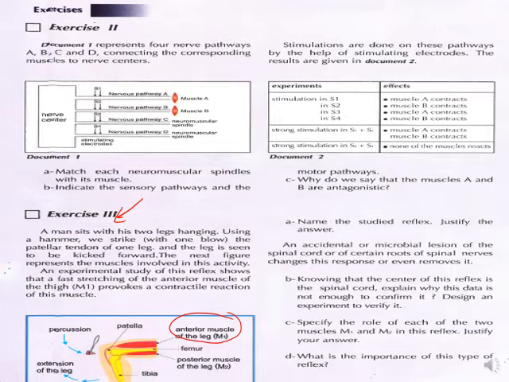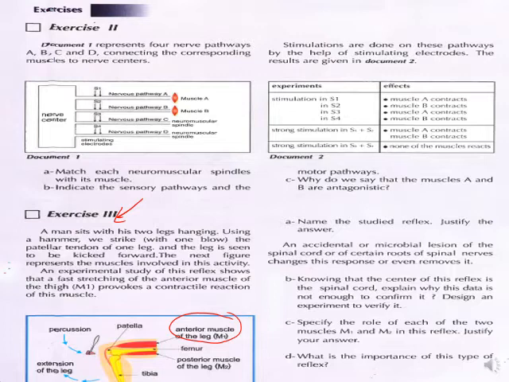Explain why this data is not enough to confirm it. Design an experiment. Sure, it's not enough, because to prove that the spinal cord is the only reflex center, we have to isolate the spinal cord from the brain. If there is no response, we deduce that the spinal cord is the center of this reflex.